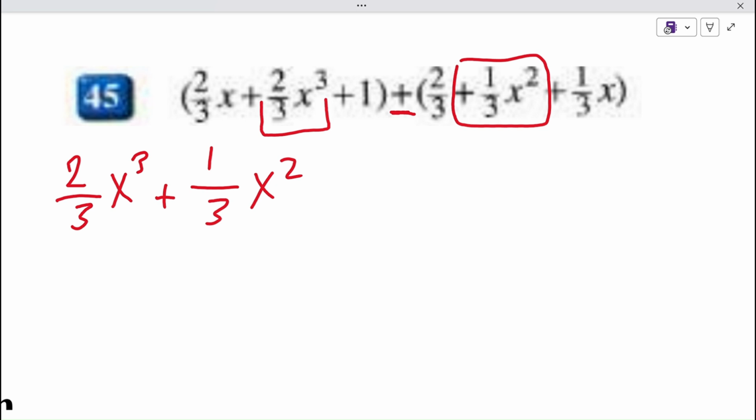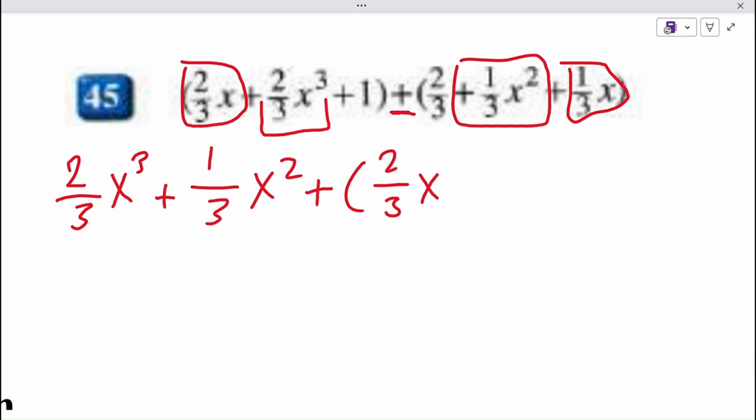After these two terms, we have this x and this x. So plus 2 over 3x plus 1 over 3x. So just we have one term, plus 1 plus 2 over 3.